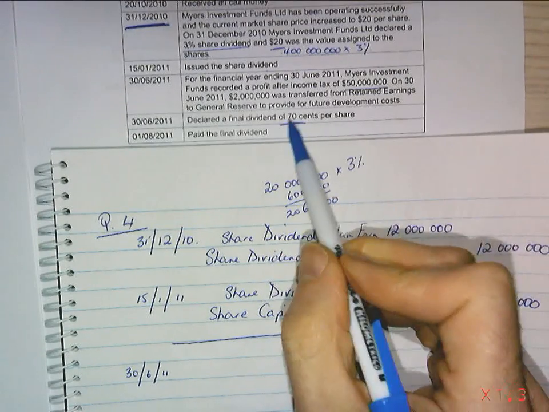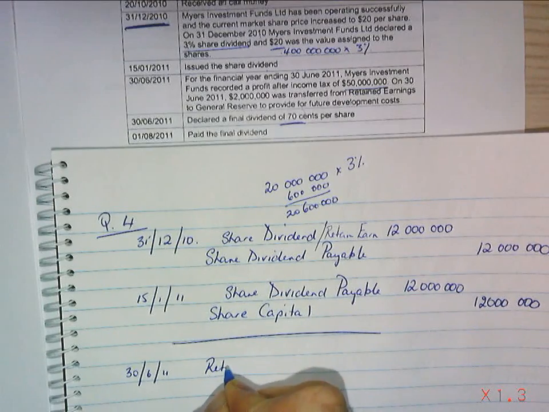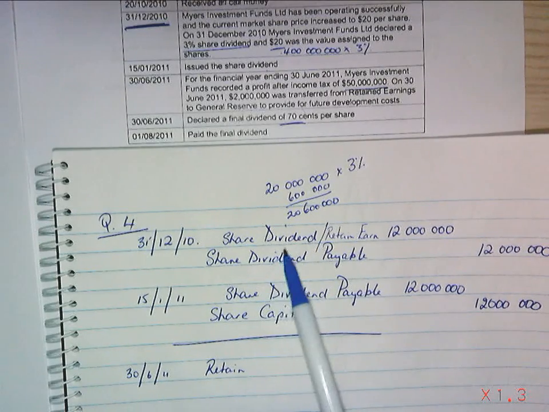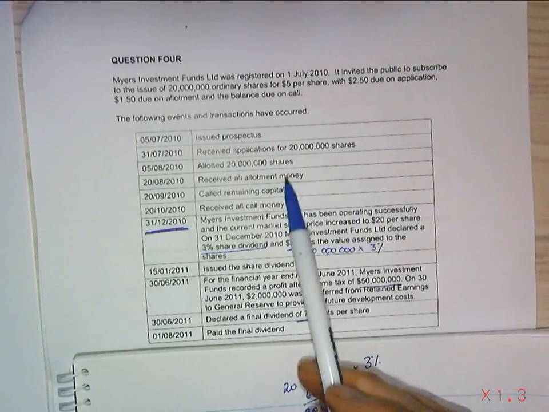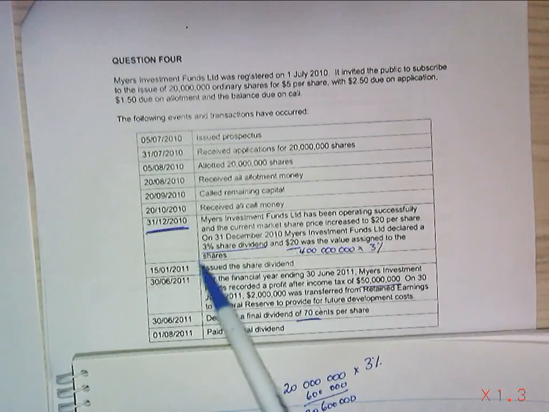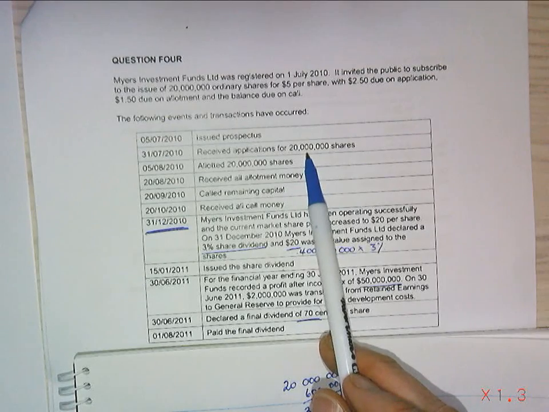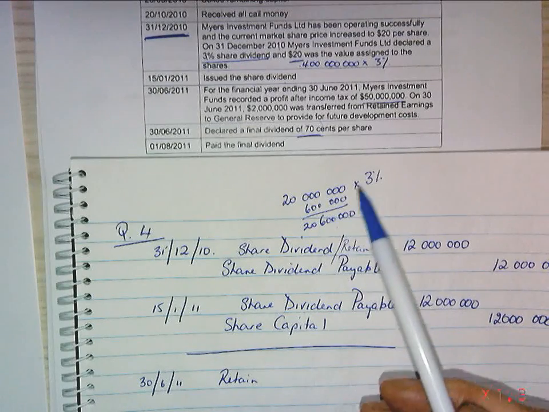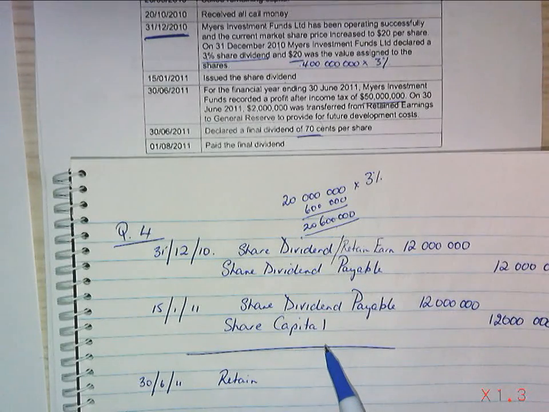At 70 cents per share. Can someone do some calculations for me? Why are you adding 600,000? Because this is a share dividend, not a cash dividend. So we didn't pay cash for this dividend, we paid shares. So when we had our first issue, we had 20 million shares, and now we've issued 3% more shares. So I've got to increase my share numbers by 3%. 20 million times 3% is 600,000, so this now means I have 20,600,000 shares.